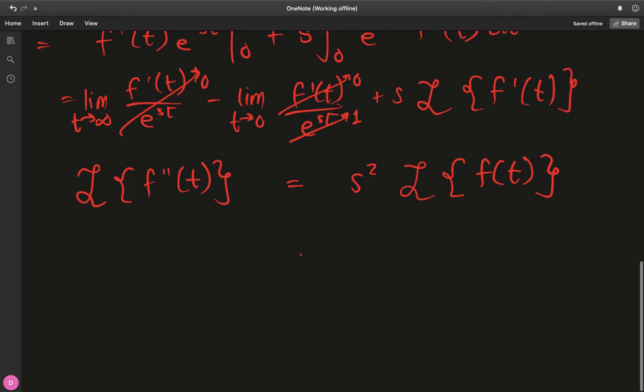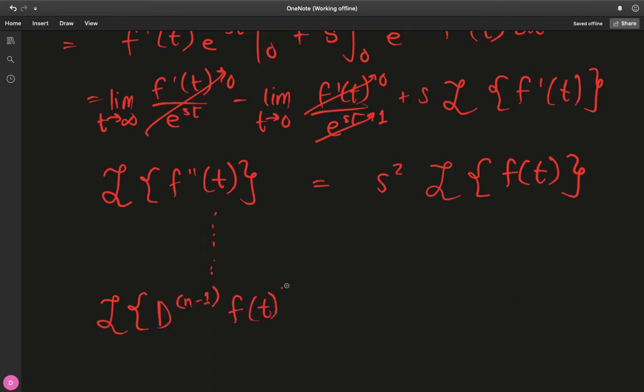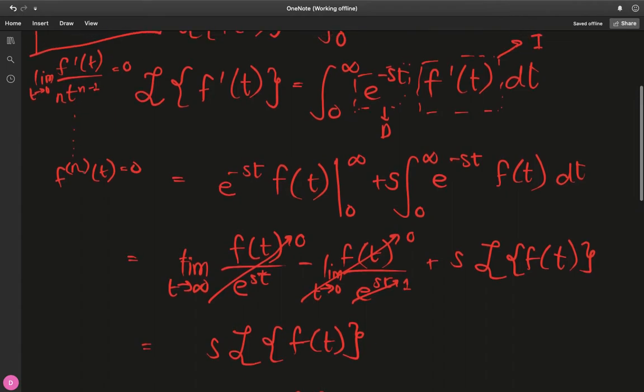Well, we can see a pattern, and then we can generalize directly for, say, the n minus 1th derivative of f of t. Again, as I said, that's why I said this assumption is going to hold for n derivatives of f of t. So why can't it hold for the n minus 1th derivative of f of t?